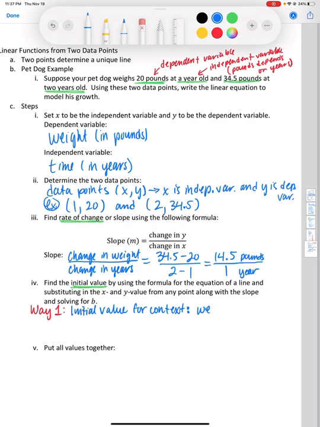Initial value: the weight of the dog when it was born, which means the weight at year 0.